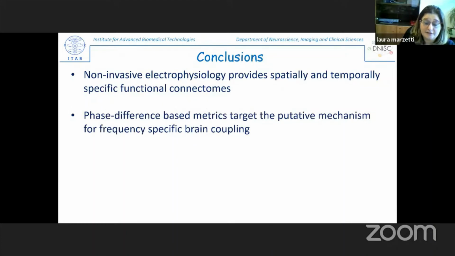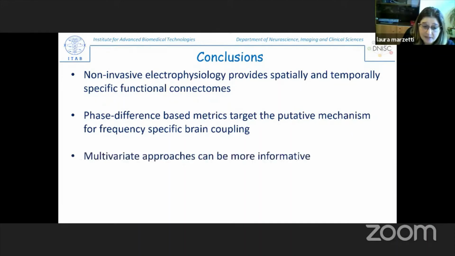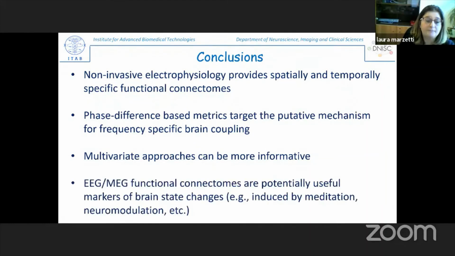And these phase difference metrics not only have very nice properties in a mathematical sense, but they can really target some putative mechanisms for frequency-specific phase coupling. And in some cases, these multivariate approaches can be more informative, at least they can take into account the whole information that is in the data.